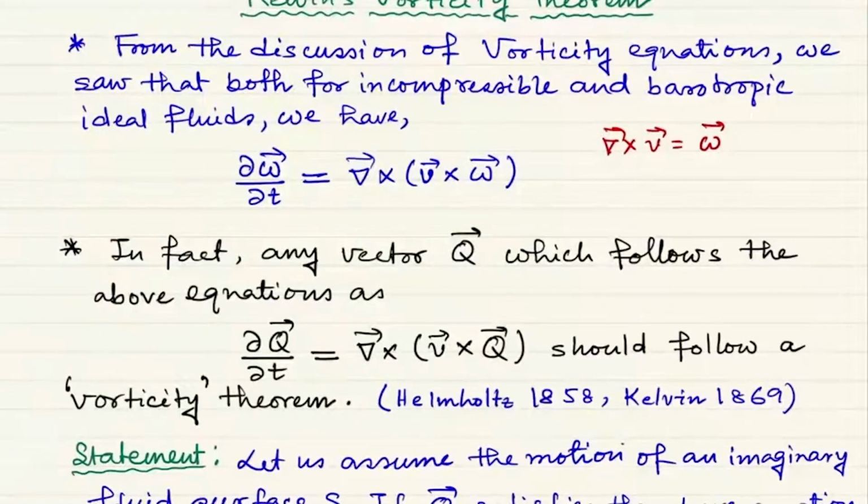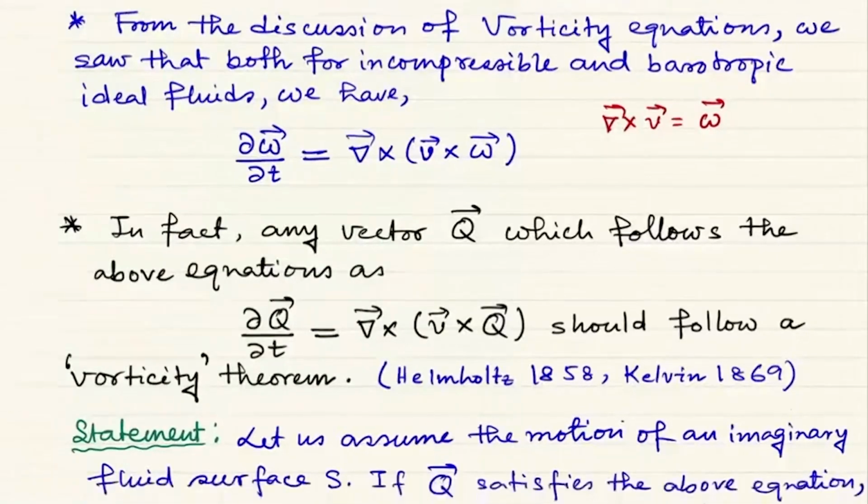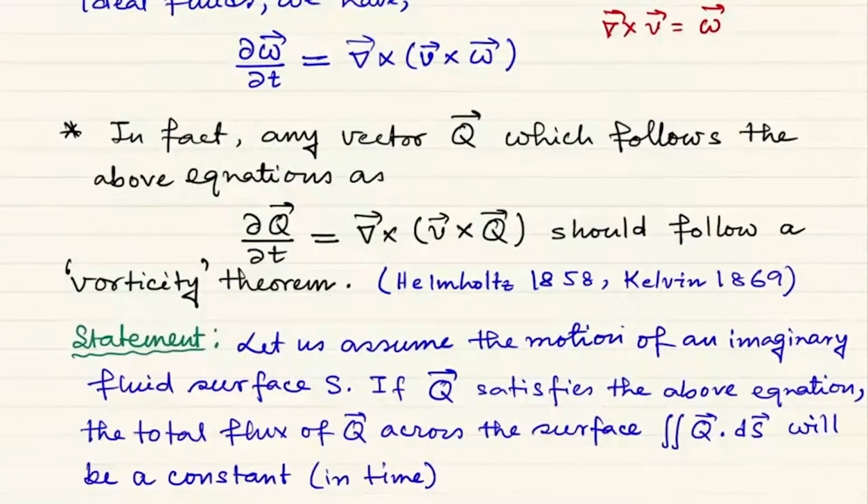The proof of this theorem is not really essential for our course, but if you are interested, you can check any standard fluid mechanics book or the internet. There is a lot of literature on that.